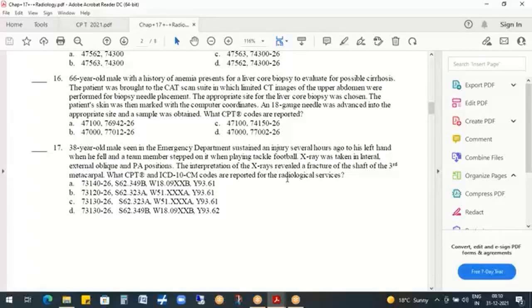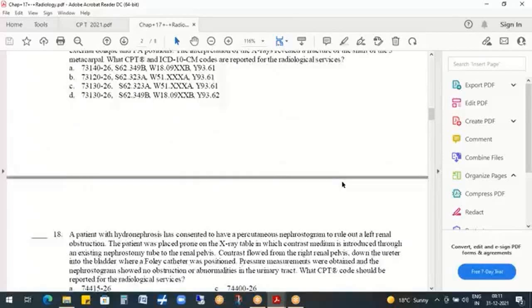Any other answers? No, sir. Now you understood when we need to code guidance and when guidance is a part.